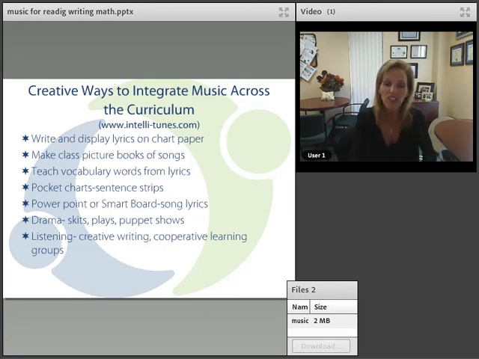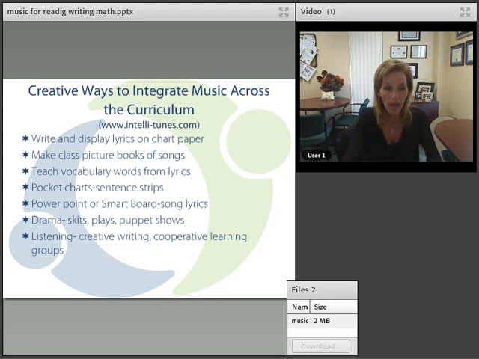So we're talking about sequencing, knowing what came first in the song, what came second, what came last, but you're doing it with songs that they really like. You're teaching sequencing, which is an important skill for many things, but one is for reading comprehension, storytelling, and writing. But you're doing it with individual sentence strips where you've broken down the lyrics to a song.